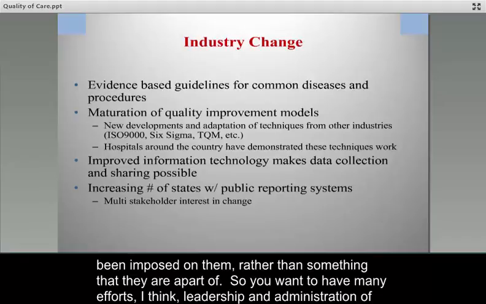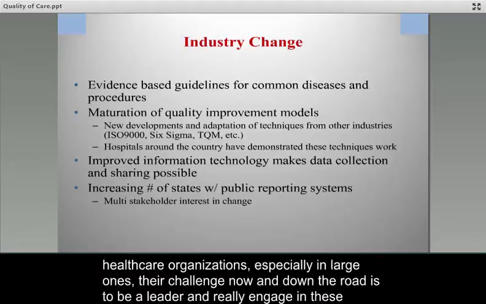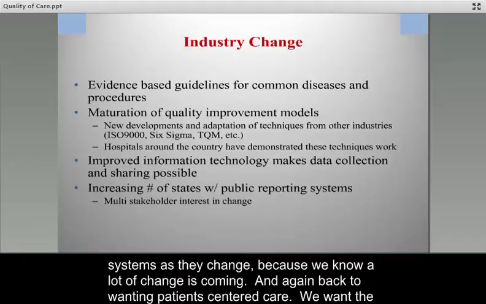So you want to have many efforts. I think leadership and administration of healthcare organizations, especially large ones, their challenge now and down the road is to be a leader and to really engage in these systems as they change, because we know a lot of change is coming.